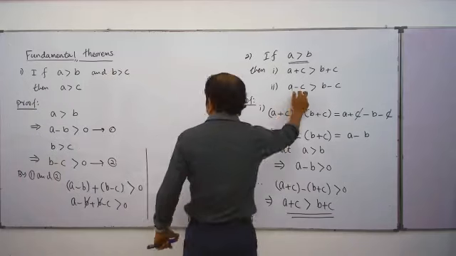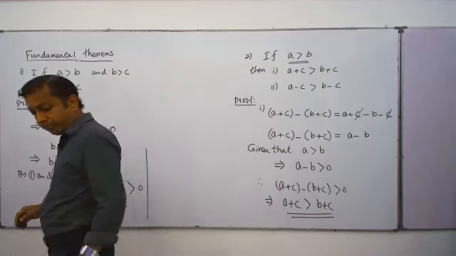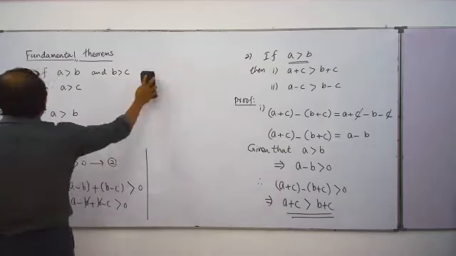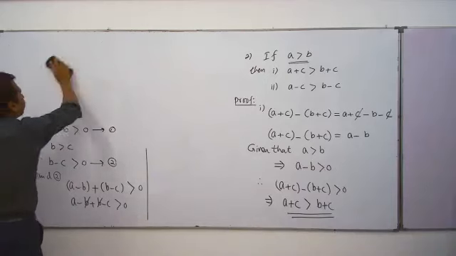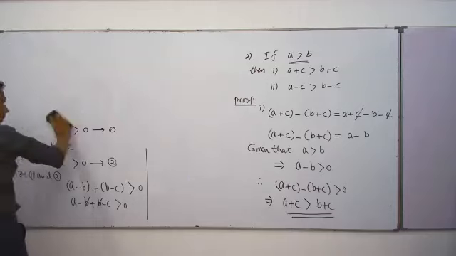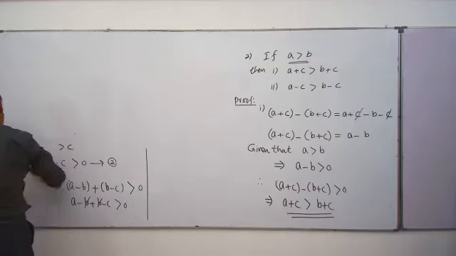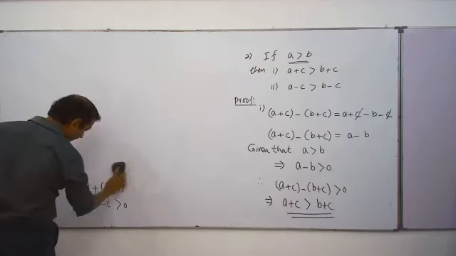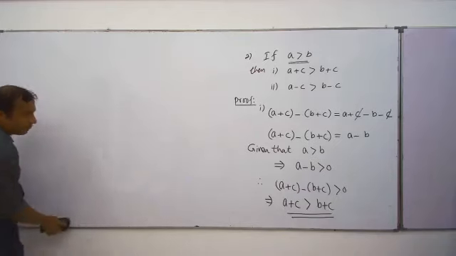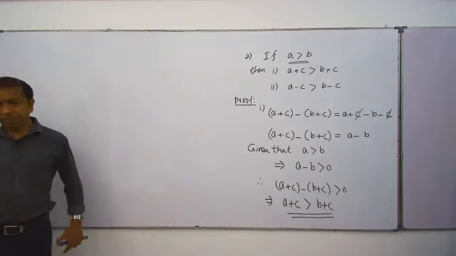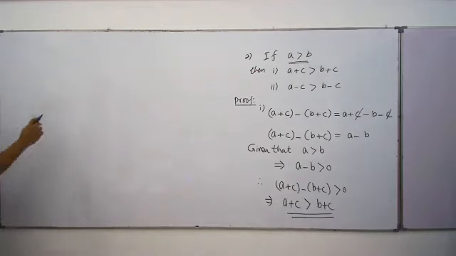Second one. In the same way, you can prove the second one, people. To prove the second one, we can take this way, number 2 proof.